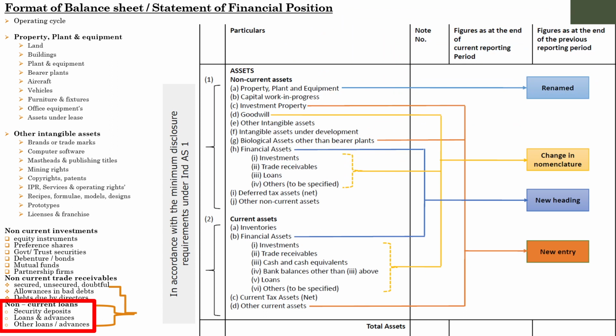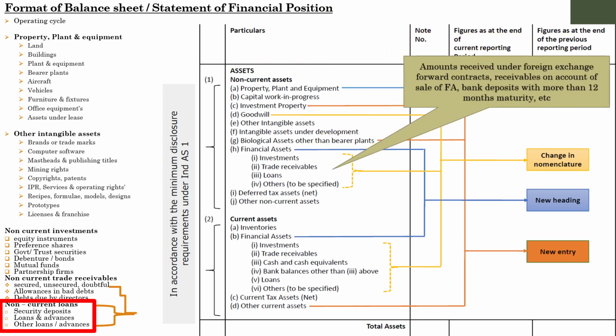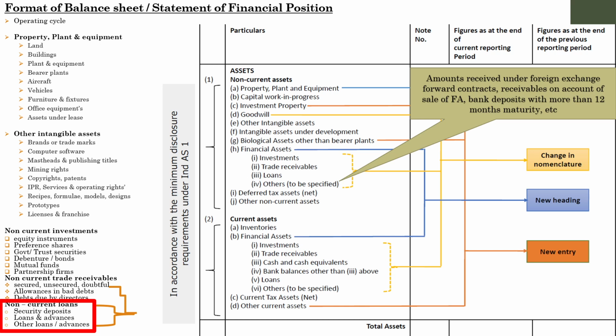So next one, after loans, the other one is others. In the university questions, they may specify the investment, trade receivables and loans, and apart from that, if there is anything other than non-current financial assets, it will be specifically mentioned and it should be shown under the head others. Others refers to non-current financial assets other than investments, trade receivables and loans.